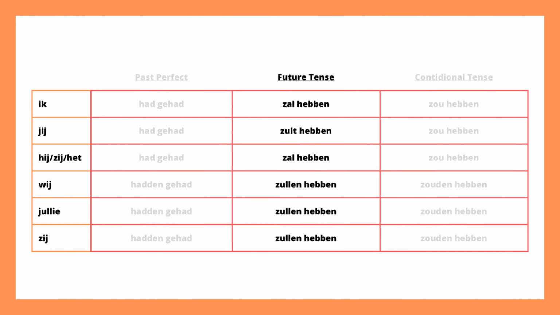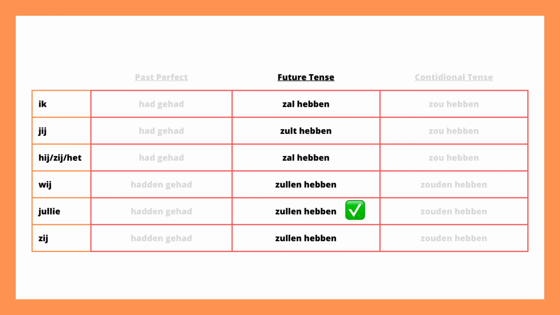Moving on to the future tense, which is used to talk about actions that will happen in the future. Let's look at the conjugation. Ik zal hebben. Jij zult hebben. Hij, zij, het zal hebben. Wij zullen hebben.